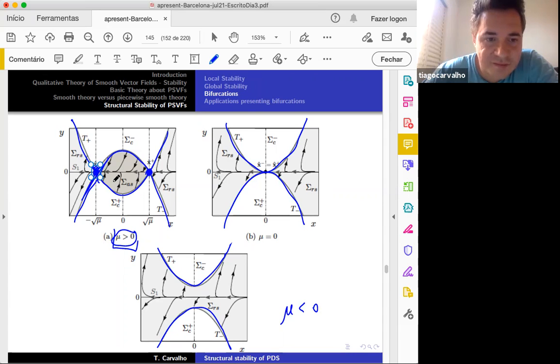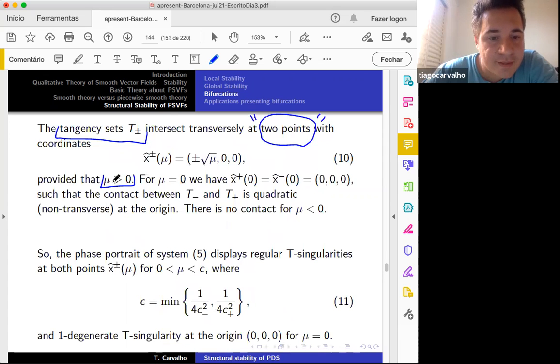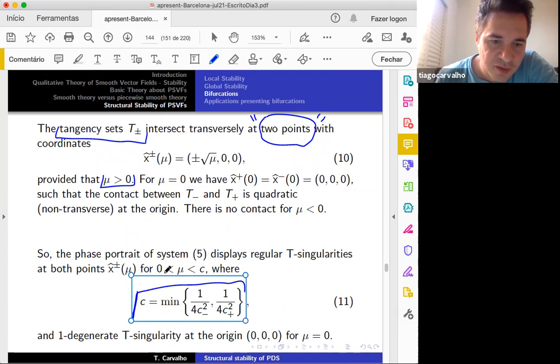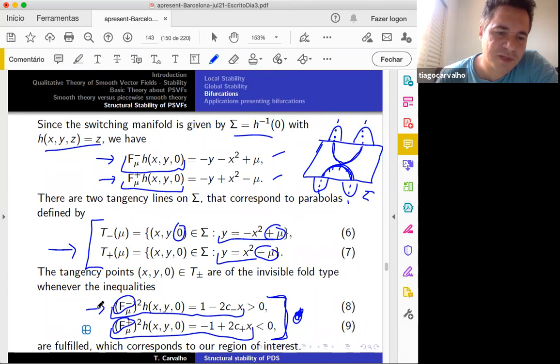This is interesting. When m is between 0 and c, where c is given by this number, this is related to these inequalities.